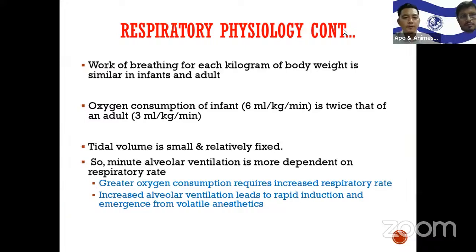The tidal volume is small and relatively fixed in the infant, therefore the minute alveolar ventilation is more dependent on the respiratory rate rather than the tidal volume. The greater oxygen consumption requires an increased respiratory rate, and increased alveolar ventilation leads to rapid induction and emergence from volatile anesthetics.